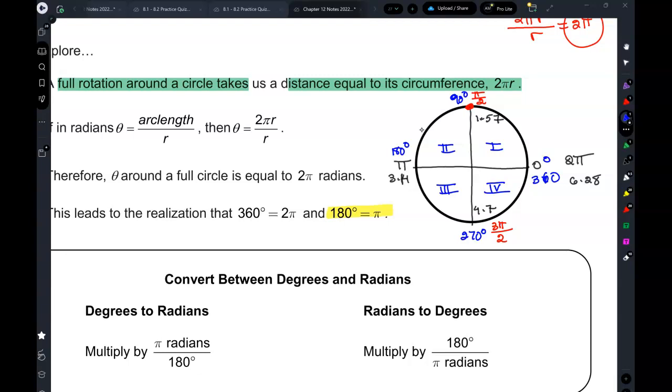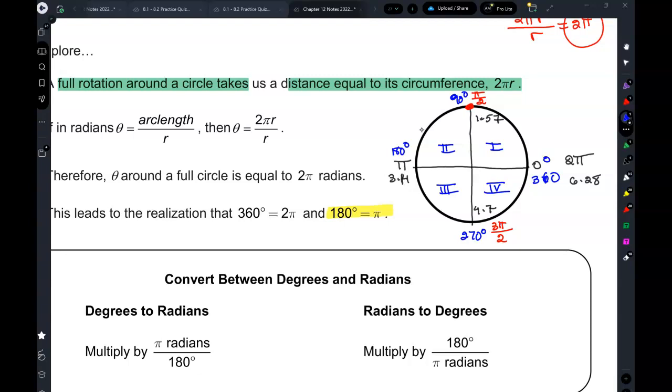If I tell you 2.1 radians, where would it be? 2. 1.57, 3.14, in between. 2.1 radians is over here. How about 4 radians? Where's 4 radians? 3.